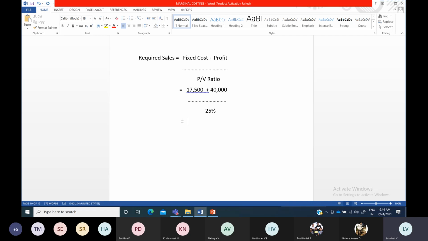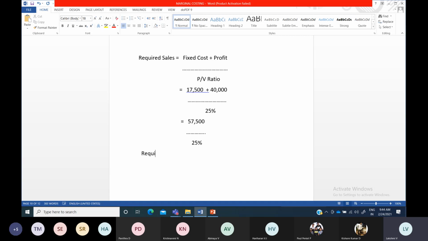Now find out 17,500 plus 40,000. If you do, it is 57,500, I think so. Divided by 25%. 25% means 25 divided by 100, that is 0.25. Just find out how much you are getting.